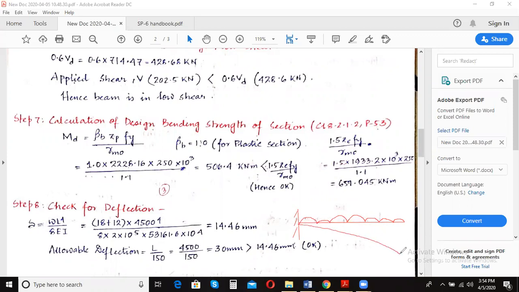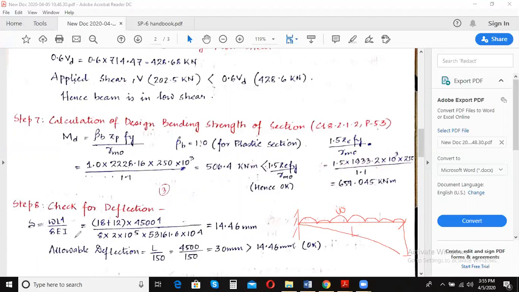So you also have to check whether the deflection which is occurring in this beam is safe or not. For a cantilever beam which is subjected to UDL, the maximum value of deflection, that is at the free end, was WL to the power 4 by 8EI. W is the factored UDL load acting on this beam, and L was this length.